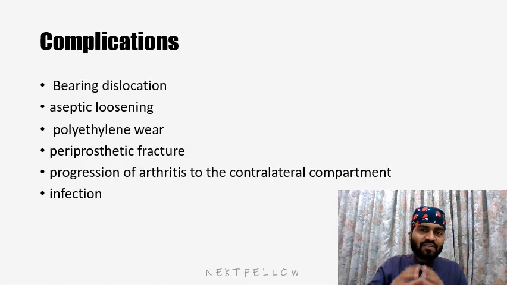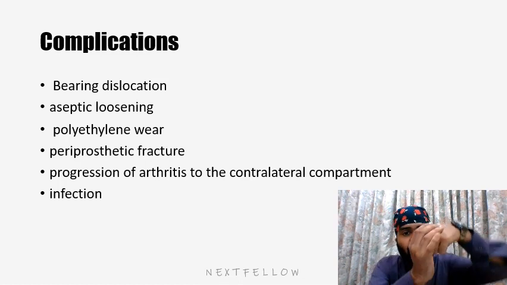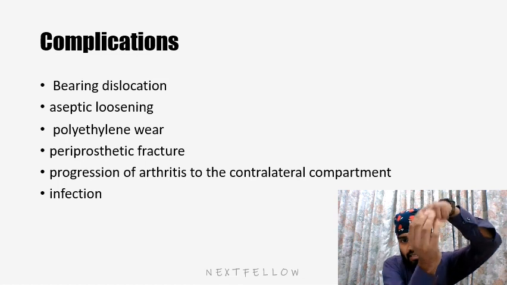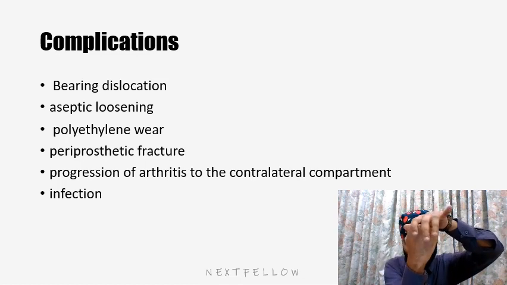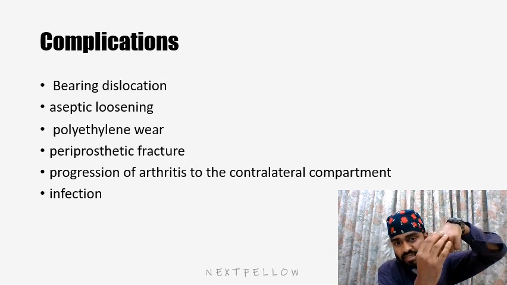Now, after we have done the surgery, we come forward to the complications. The complications of a unicondylar knee arthroplasty can be a bearing surface dislocation. There can be aseptic loosening.